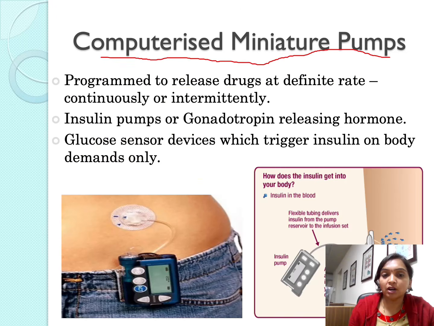So examples for such things are insulin pumps, which will deliver insulin because they will have a glucose sensor which will sense the body glucose levels, and if there is an increase in the glucose levels, they will trigger the release of insulin, and then gonadotropin releasing hormones for contraceptive purpose. So you have computerized miniature pumps.